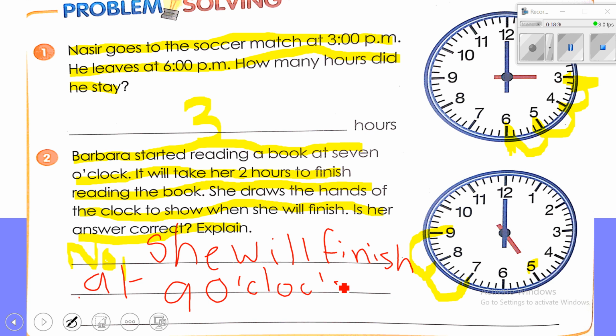She will finish at 9 o'clock. Instead of adding 2 hours, she's subtracting 2 hours. So she would not finish at 5, she will finish at 9 o'clock.